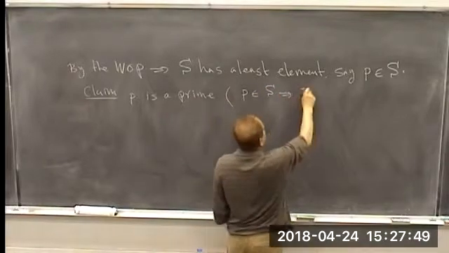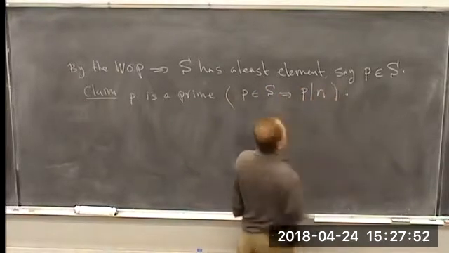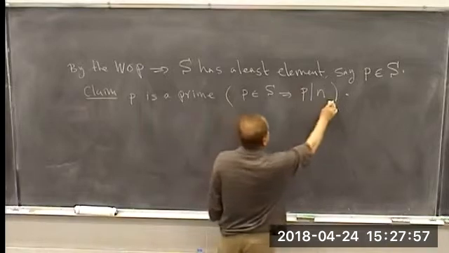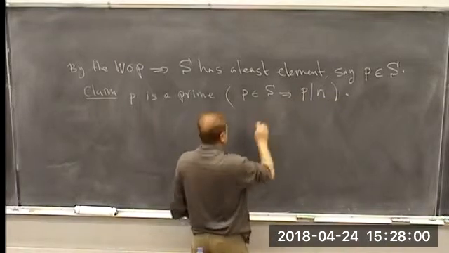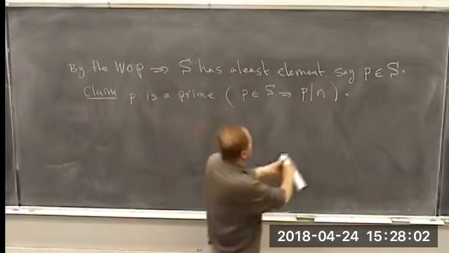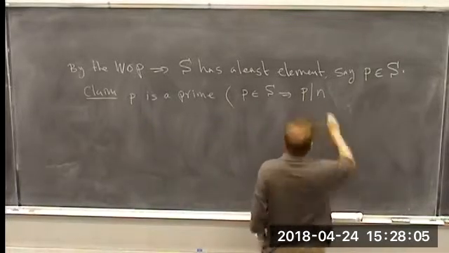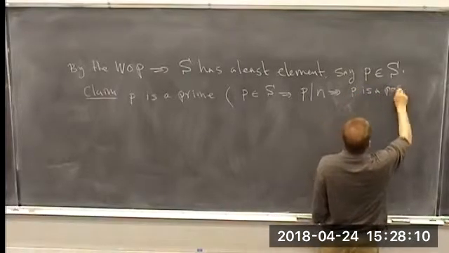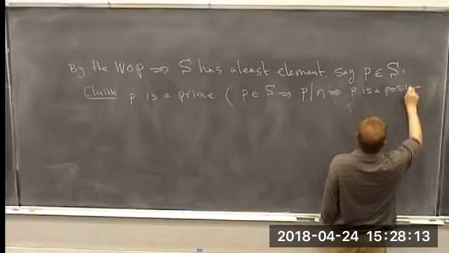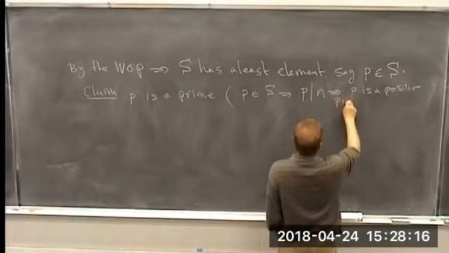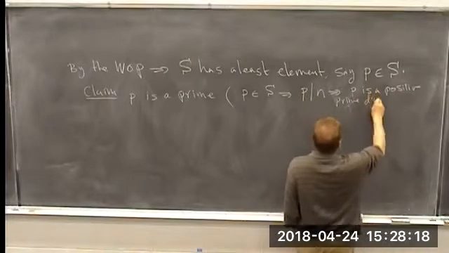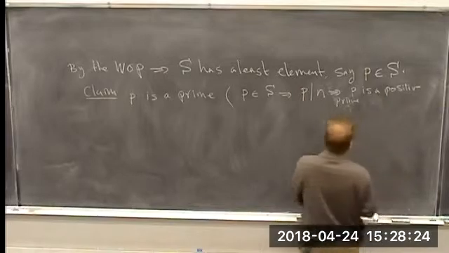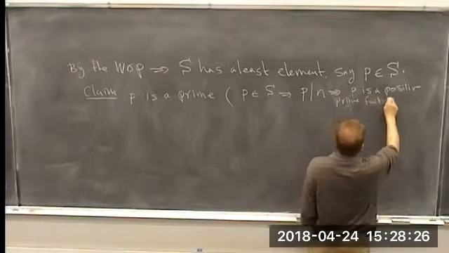Once we prove this, P in S implies that P is a divisor of n, which means that n has P as a factor. So this is statement 5: P is a positive prime divisor, or prime factor, of n.